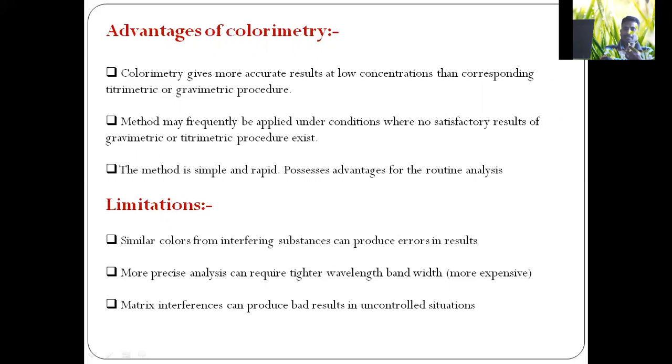To get accurate analysis, a tighter wavelength bandwidth is required, so higher version filters or monochromators are required, which are slightly expensive. Third, matrix interferences. Matrix means the number of metal ions in a solution. Matrix interferences can produce bad results in uncontrolled situations. So these are the limitations.